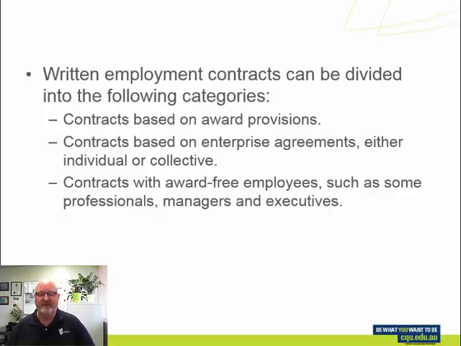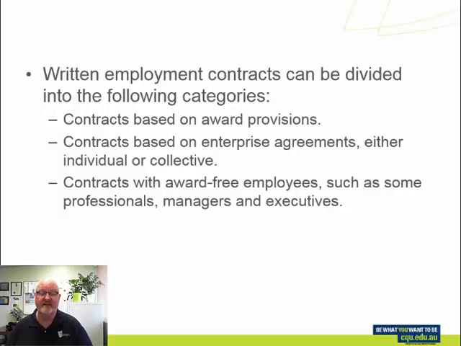So looking at the first category, some contracts pay above the award provisions, so they are going to want to include those conditions written down to form the contract. You may pay above the award, you may provide certain training, certain other benefits of employment that make your offer more attractive than another offer. So in those situations it's important to write those down.